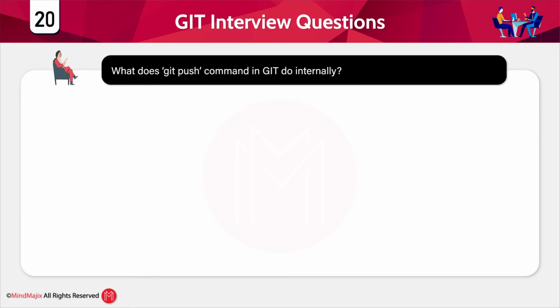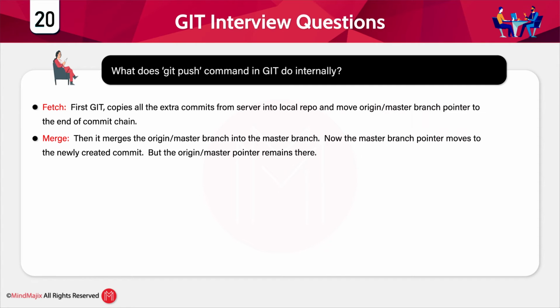What does the git push command do? Git push allows us to push the files from the local repository to the remote repository. See, the push command of Git: fetch, merge. First, Git copies all the extra commits from the server into the local repo and moves the origin master branch pointer to the end of the commit chain.